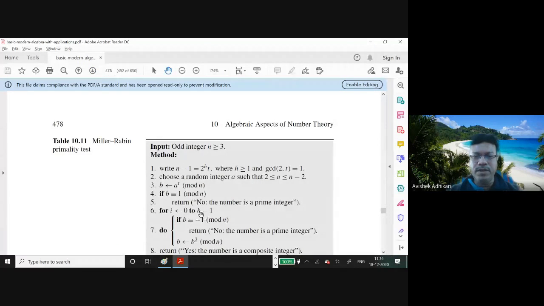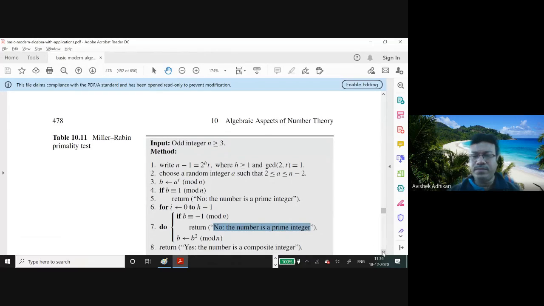So in between, it's up to h minus 1, because if it is at the h level, then the answer will be the number is composite. But if you have minus 1 anywhere in between, you actually have no information. As a result, you should return the number is a prime integer.